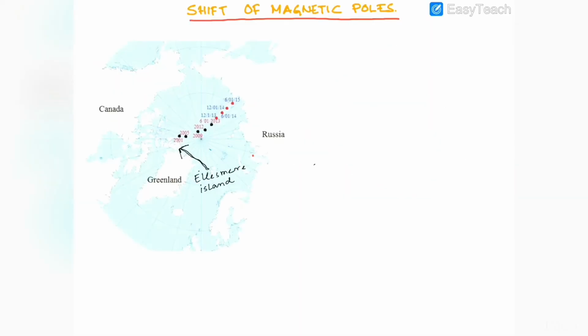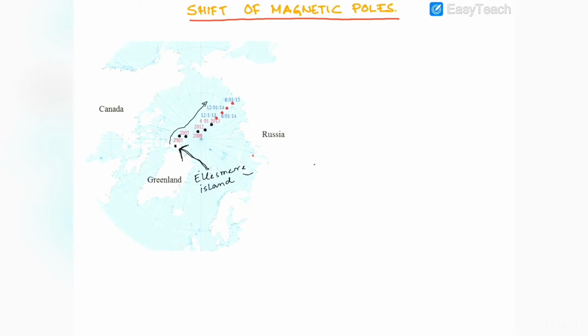Now we will study the shift of the magnetic pole, which is a very interesting phenomenon. As we see, during 2001 the north magnetic pole was somewhere here. This place is called, as I've written here, Ellesmere Island. Ellesmere Island is in Canadian territory. And then slowly you have seen that from 2001 onwards the magnetic north pole has shifted continuously westwards towards Russian Siberian territory.